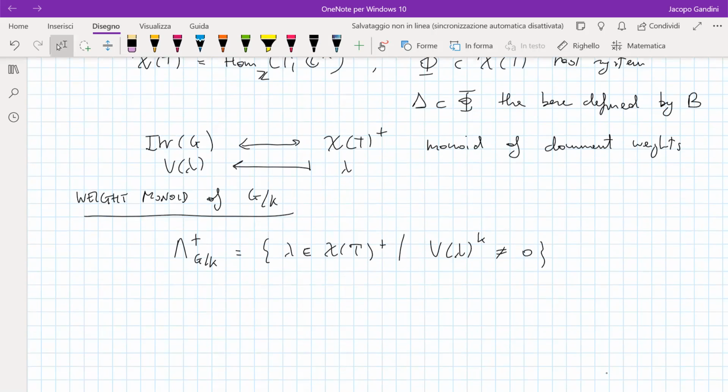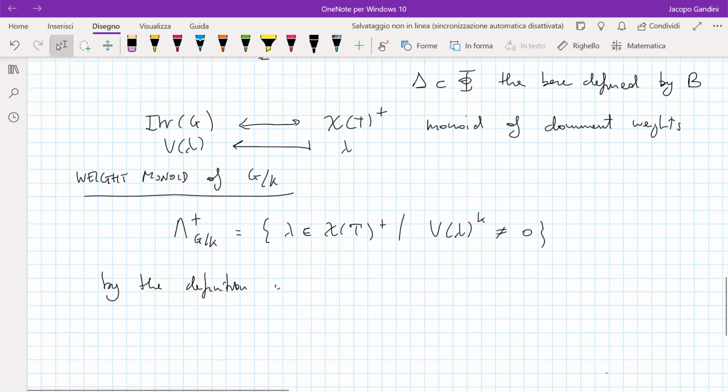Okay, so by the definition, or by the consideration at the beginning, we have the decomposition. It is isomorphic to the direct sum over Lambda G mod K plus of V lambda.